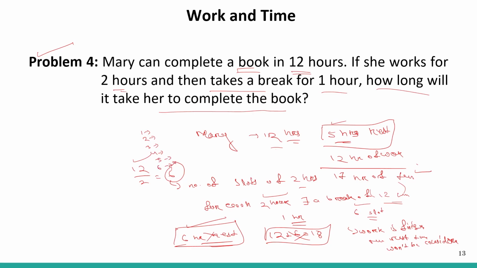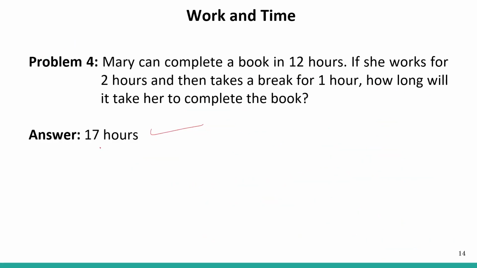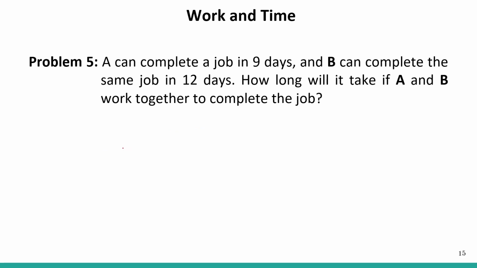After the sixth it won't be considered. So 12 hours of work and 5 hours of rest is equal to 17 hours to complete that book. So 17 hours will be the correct answer.